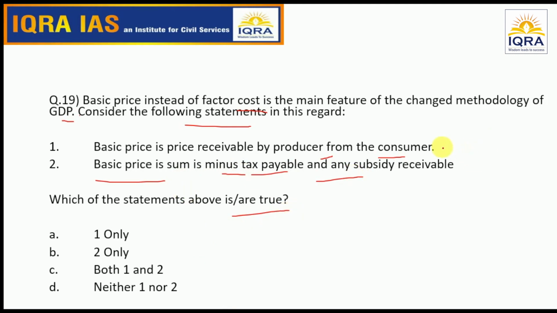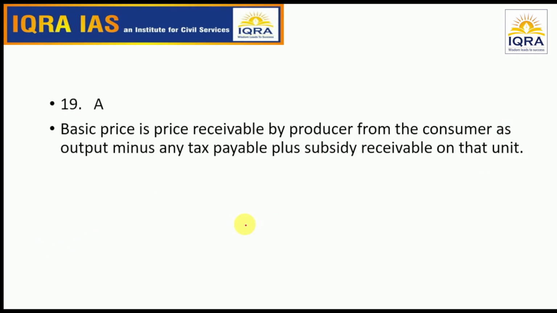Here I think the first is true, that basic price is the price receivable by the producer. But the second, no, this is wrong. Only one is correct. So basic price is producer's output minus any tax, so that statement is incorrect, and the subsidy receivable, second part, is incorrect.